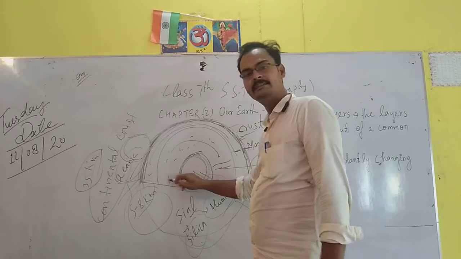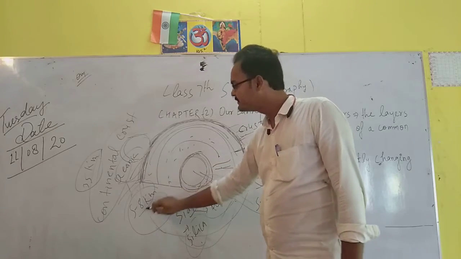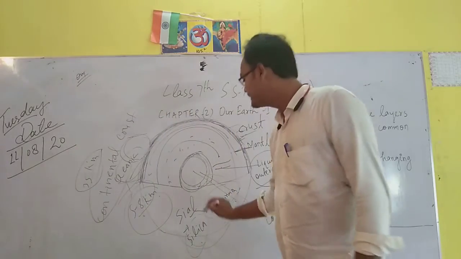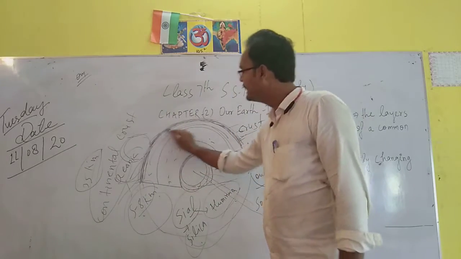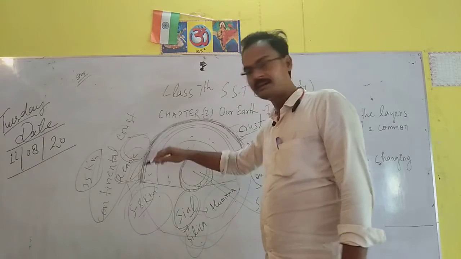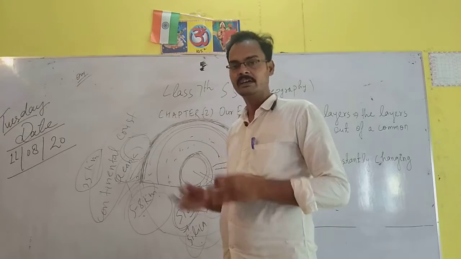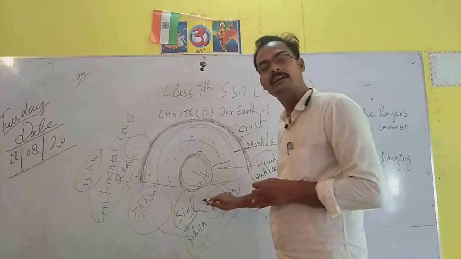Beneath this we see the 5 to 8 kilometer layer. The name of the upper layer is Sial, that is silica and aluminium.